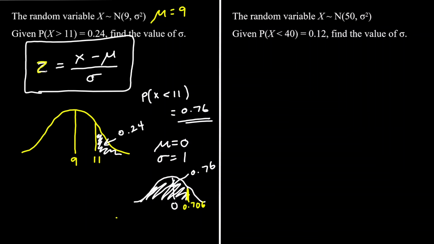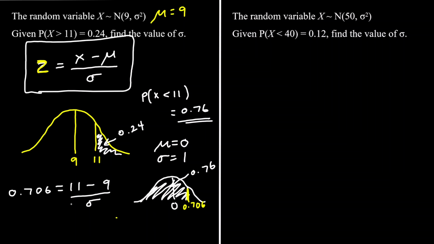That's what is going to go into our formula. So our z value, 0.706, is equal to our x, which in this case is 11, minus the mean, which is 9, divided by the standard deviation. So we've only got one unknown in this, because we know our z value, we know our x, and we know the mean.